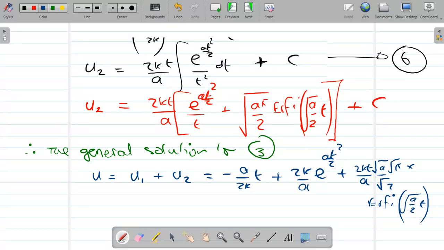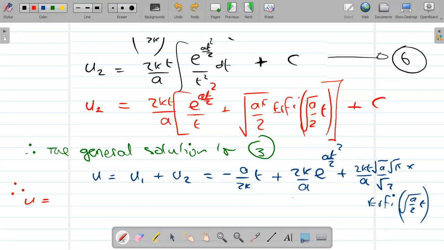Okay, so let's go to red. So we've got, therefore, u equals minus a over 2k times t. In fact, actually, let's write it the other way around.